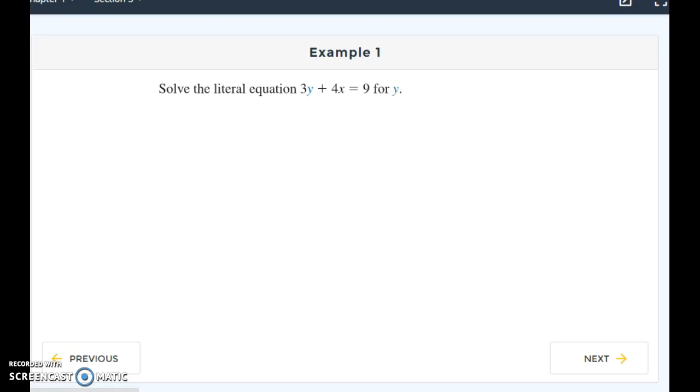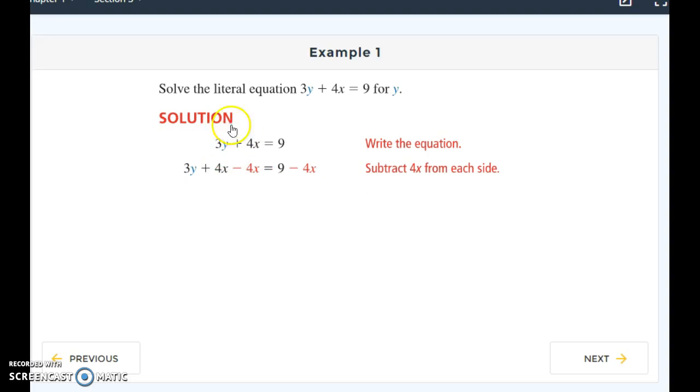So I have to solve the literal equation 3y plus 4x equals 9 for y. I can see that I have two different variables here, x and y, and I'm solving for y. I'm told what I'm solving for. The first thing I always want to do is write out my equation. Then I want to get this y by itself, so I want to undo what's being done to it. I see that I'm adding this 4x.